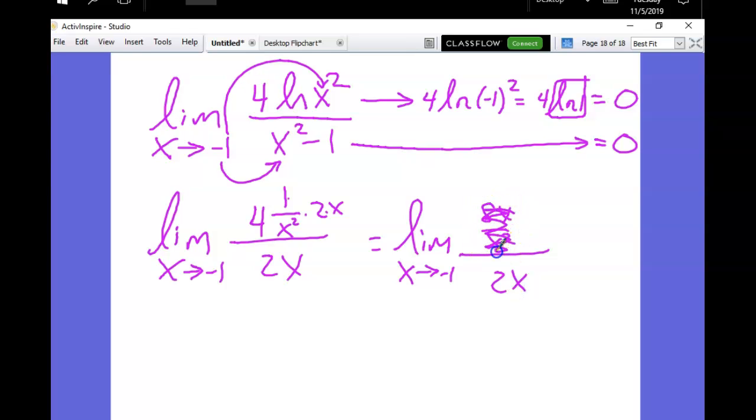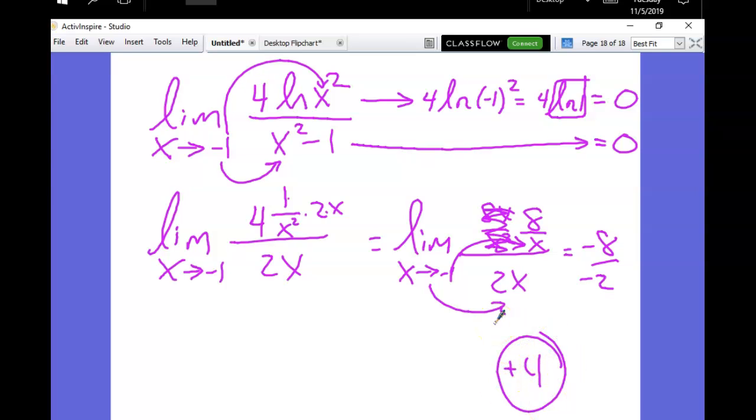We can take an x out, so you're left with 8 over x. Although you really don't need to do all the reducing. We could have just plugged in and simplified after we had the numbers in there. Let's go ahead and just plug in now. So if I plug in -1 here, I end up with -8 on the top. Plug in -1 here, I get -2 on the bottom. Final answer is positive 4, not -4. So same process, just different derivatives.